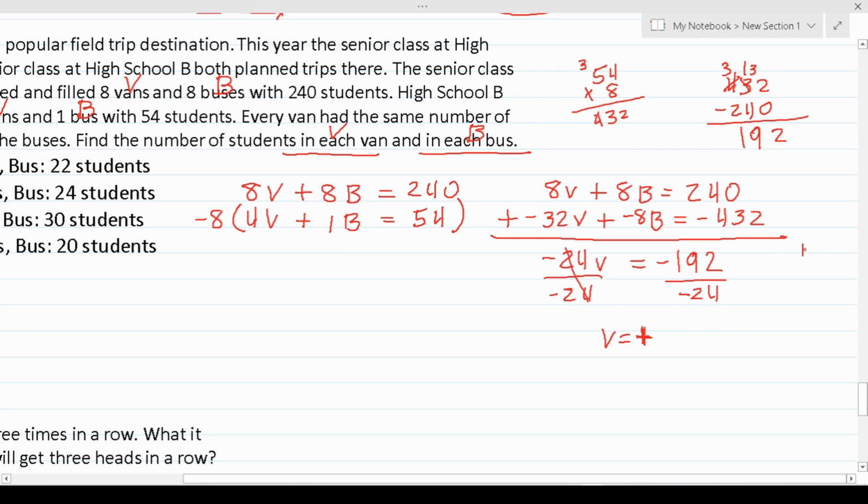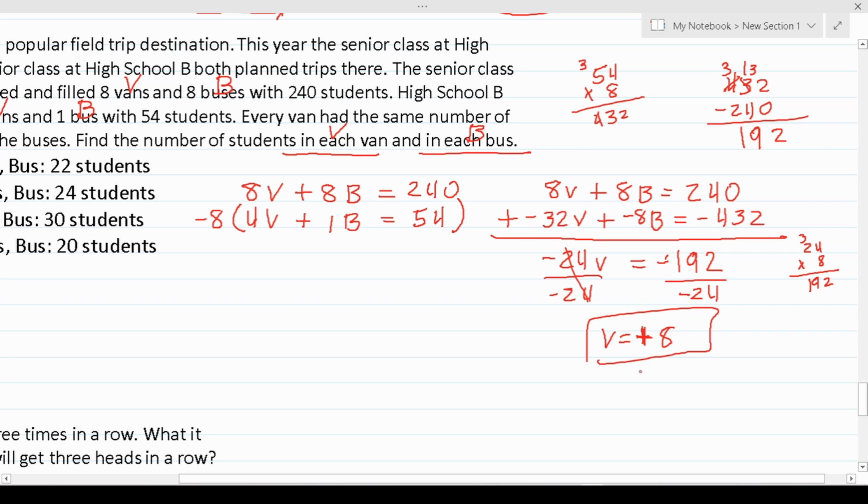So let's see if that is the case. 192 or 24 times 8. Let's see what that gives us. 4 times 8 is 32, carry your 3. 8 times 2 is 16, 17, 18, 19. So negative 192 divided by negative 24 is, in fact, 8.